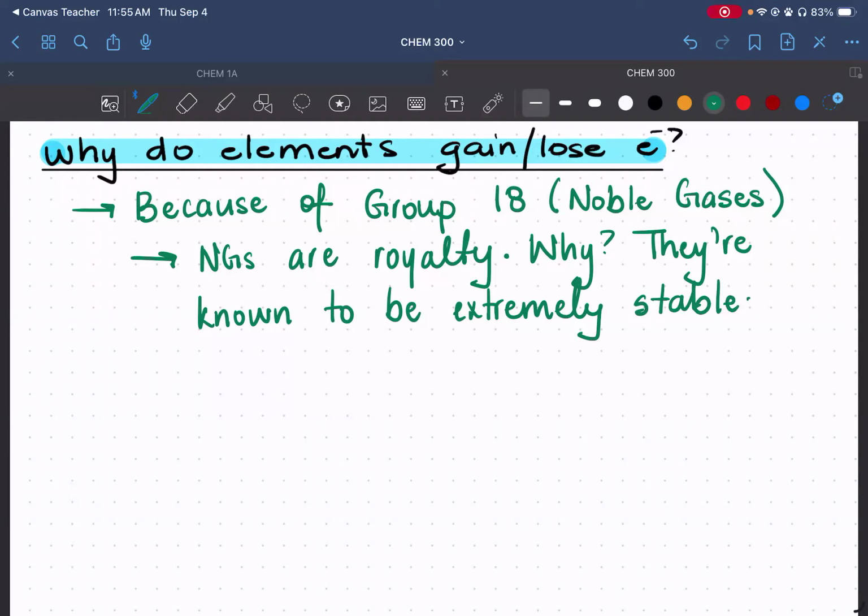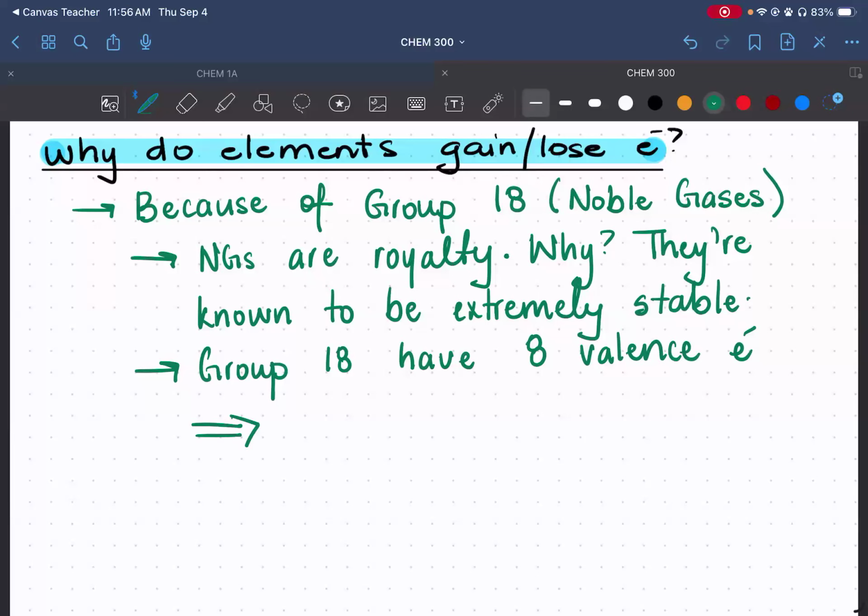And that makes them the popular group. Everybody wants to be like group 18. They're royalty. They're very stable. But what is it about them that makes them so stable? Group 18 elements have 8 valence electrons. That 8 is what makes them so special.